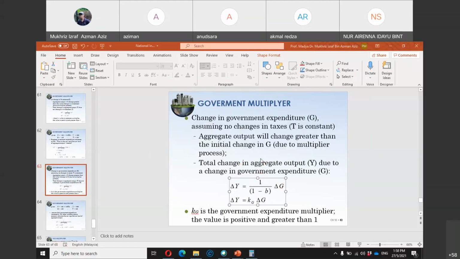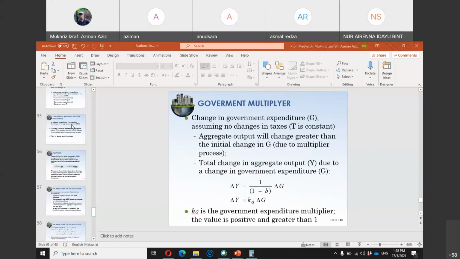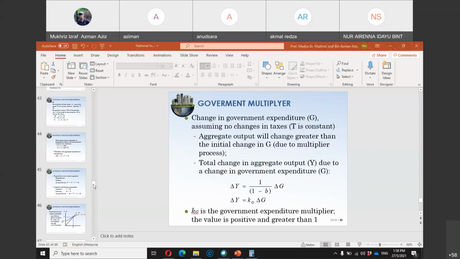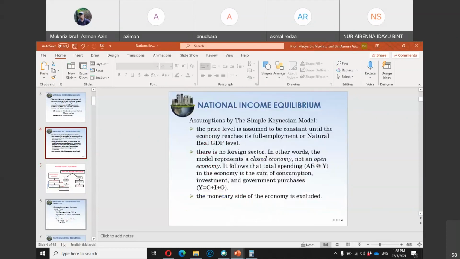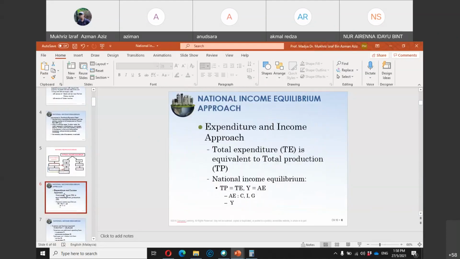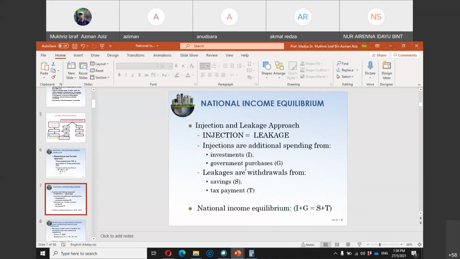Remember, why are they the same? Because investment and G both are injections. If you recall from our earlier slide, injection is I and G. So both I and G are injections.